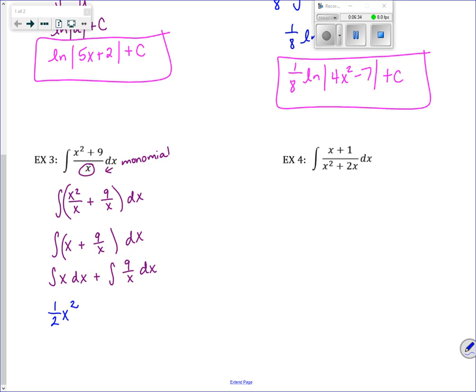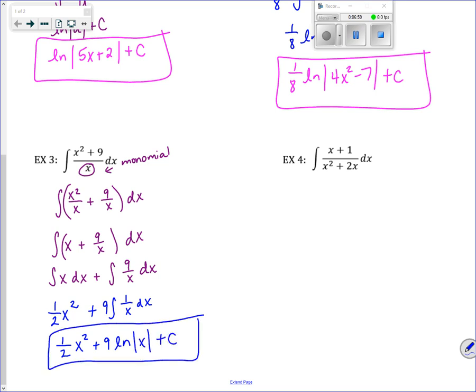Now, how do you integrate 9 over x? Well, that 9 is already in there. So I can just move him to the outside, and I would get an answer of 1/2 x squared plus 9 ln of absolute value of x plus c.